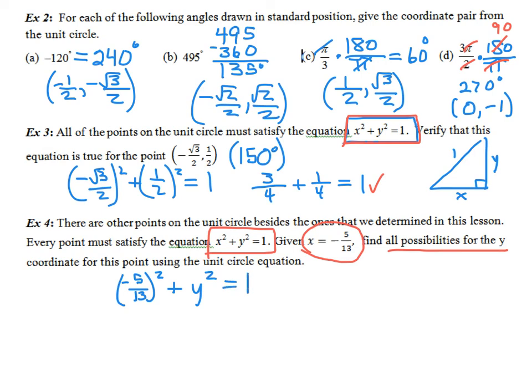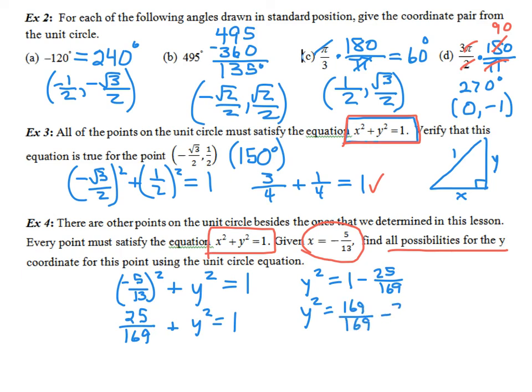equals 1. So squaring this fraction, I'm getting 25 over 169 plus y squared equals 1. So, of course, I'm going to want to subtract 25 over 169 from both sides. So y squared is equal to 1 minus 25 over 169. I need a common denominator, so y squared would be equal to 169 over 169 minus 25 over 169.